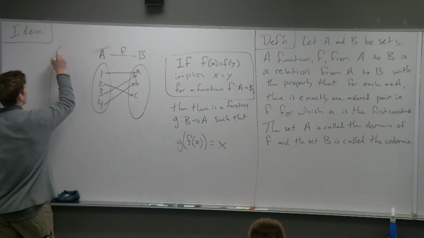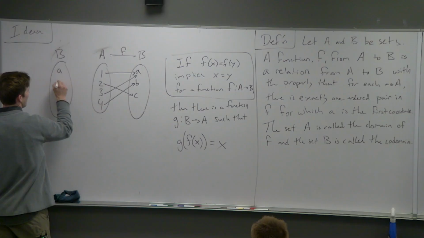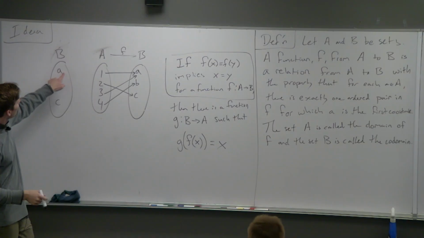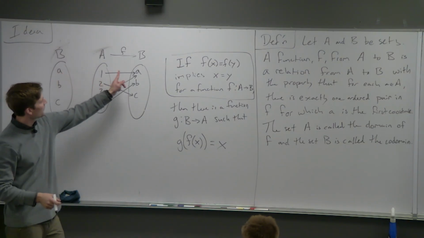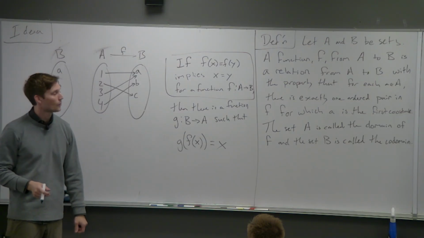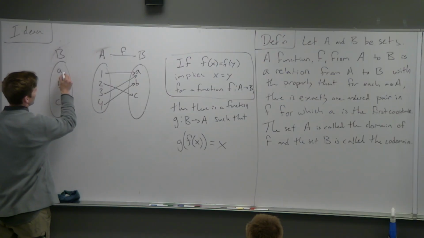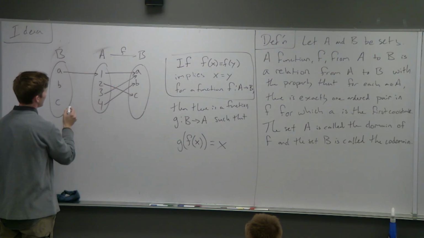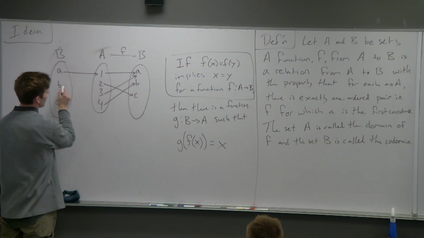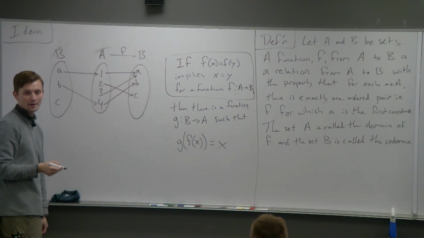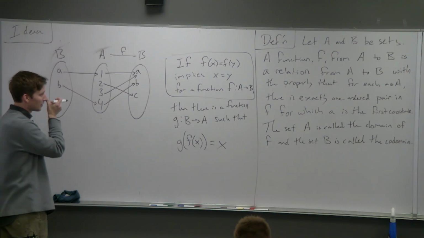Now if I redraw B over here with A, B, and C in it, can I come up with an arrow so that when I follow it over and then I follow the next arrow, I get back to where I started? Well, I could take A over to, say, 1, and that brings me back to A. I could take B over to, say, 4, and that brings me back to B. Where could I take C to?